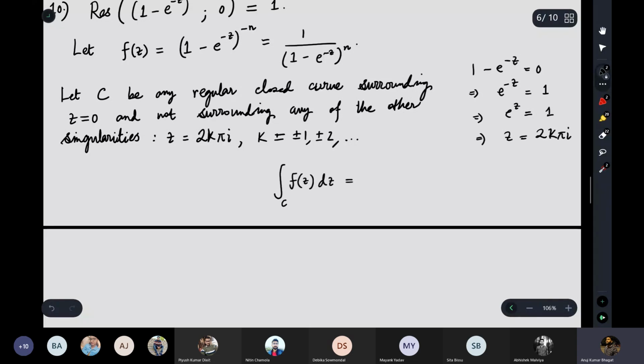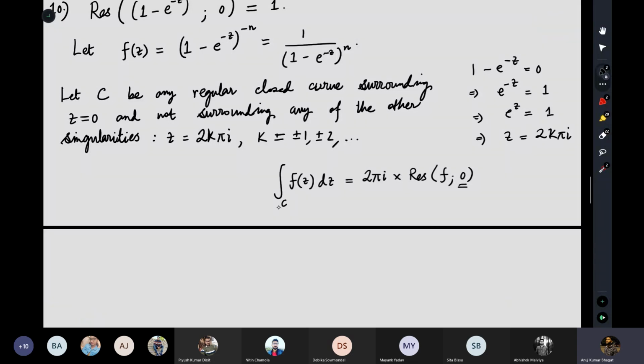Can you tell me? 2 pi i times the residue of the function only at 0. Why only at 0? Because C is only that curve which contains 0 and no other singularity. So inside this curve C, only 0 is the singularity of the function f(z).